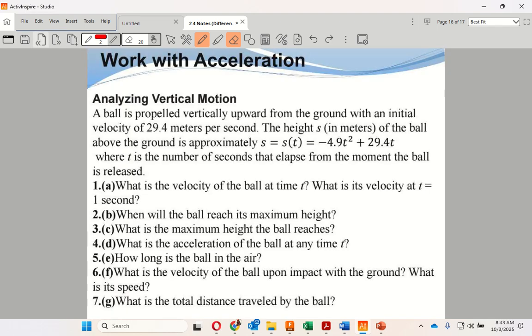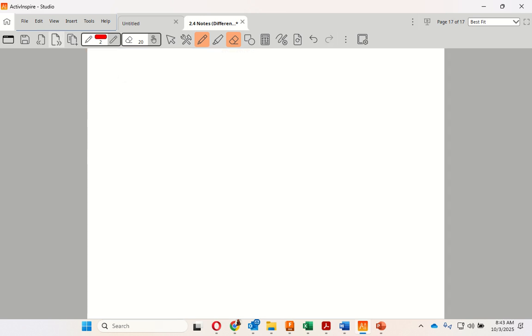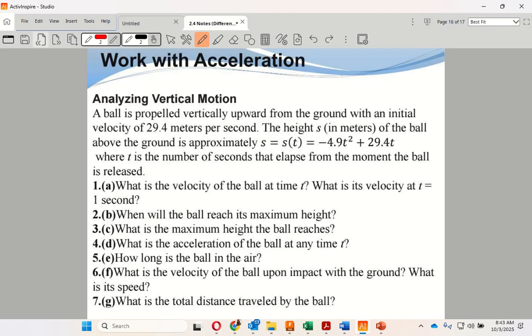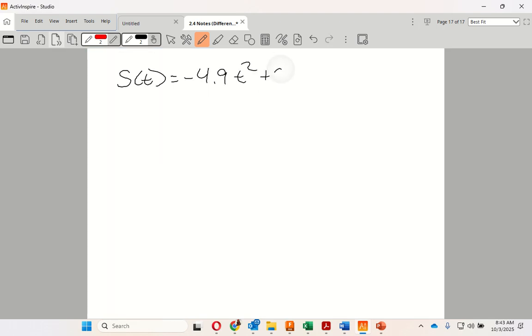So that is s of t, negative 4.9 t squared plus 29.4t. Alright, so that is my position.